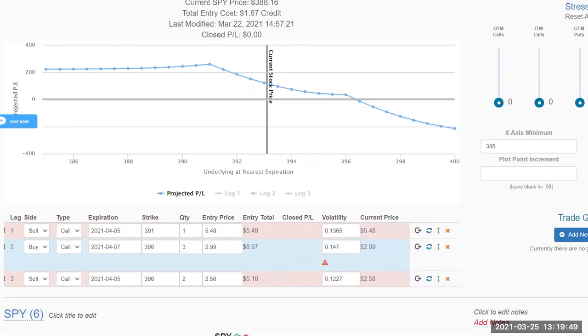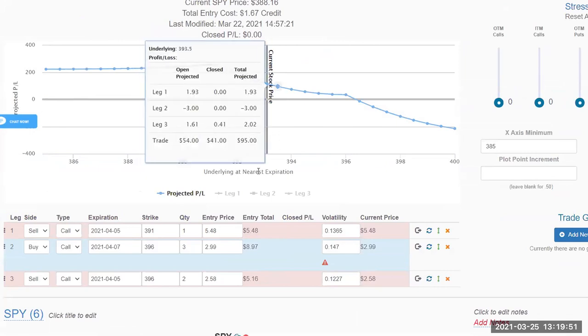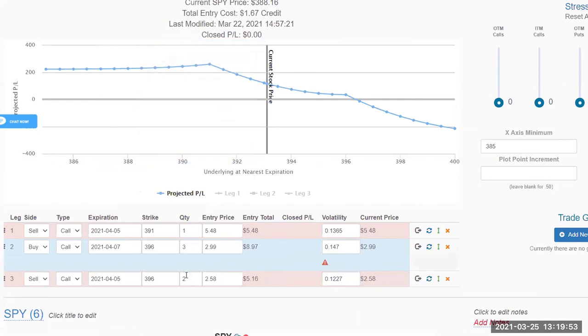So here in this example, short 2 396s from 258. If this is what we're in, I did get filled on the order that I had placed during the call on Monday, and I'll get to that one in a second.